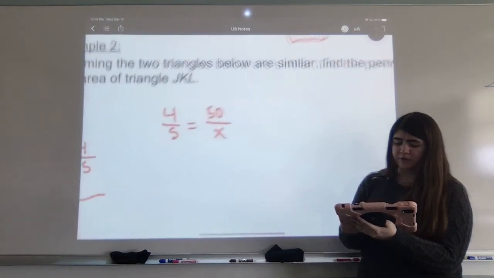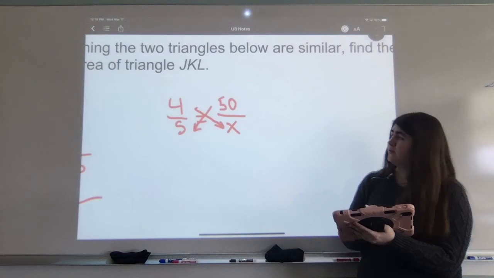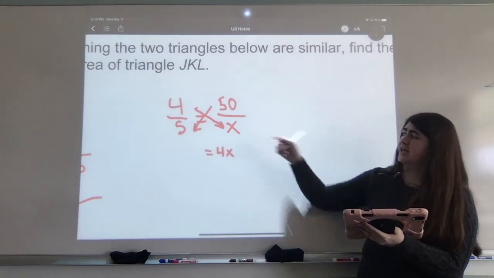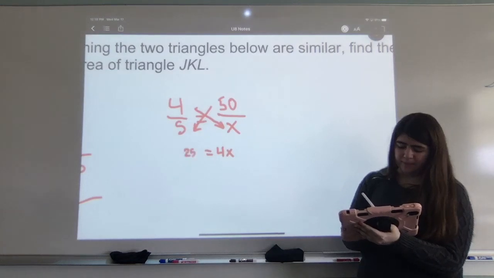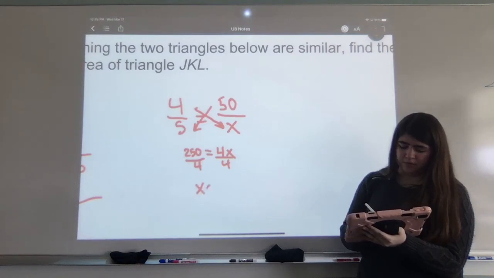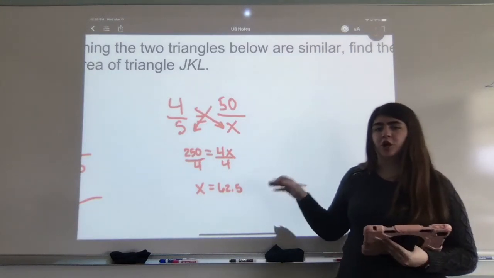I'm going to solve by multiplying across. 4 times x is 4x. 50 times 5 is 250. We're going to divide both sides by 4, which means x is equal to 62.5. All right, so that is the perimeter of the larger figure.